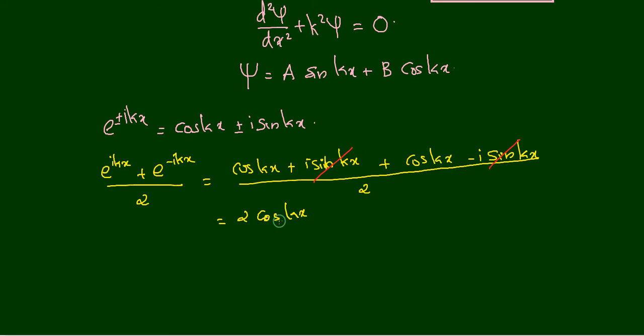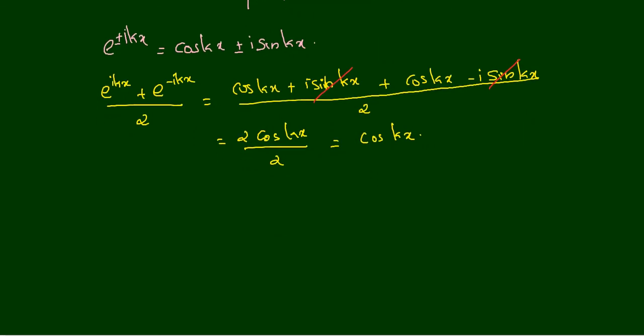So we have 2 cos kx divided by 2, that is equal to cos kx. So e raised to i kx plus e raised to minus i kx divided by 2 is equal to cos kx. Keep that in mind.